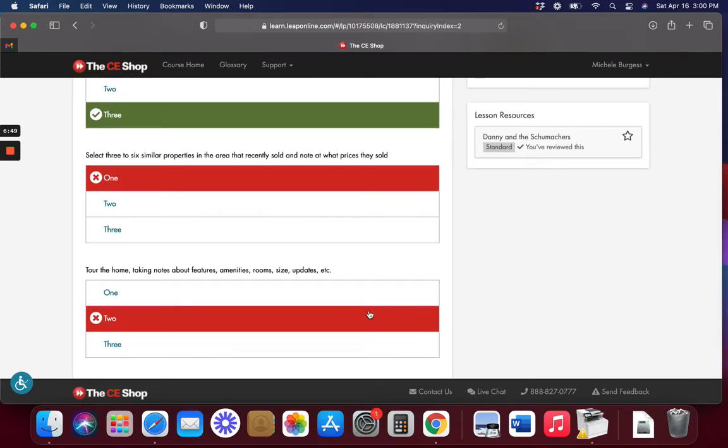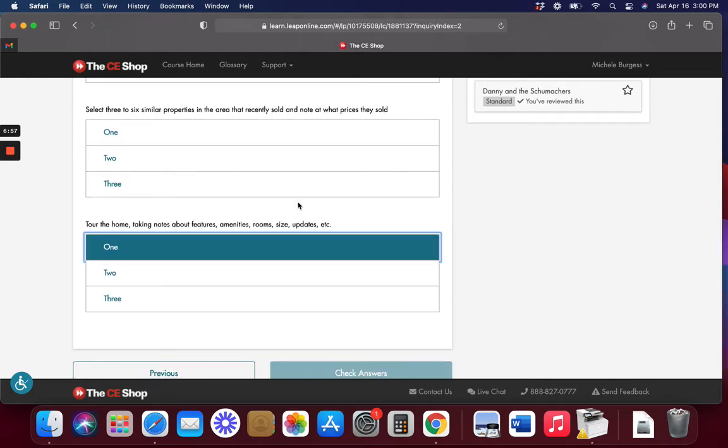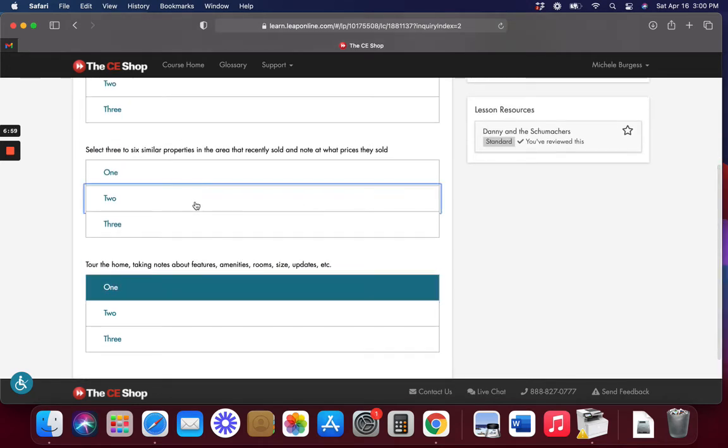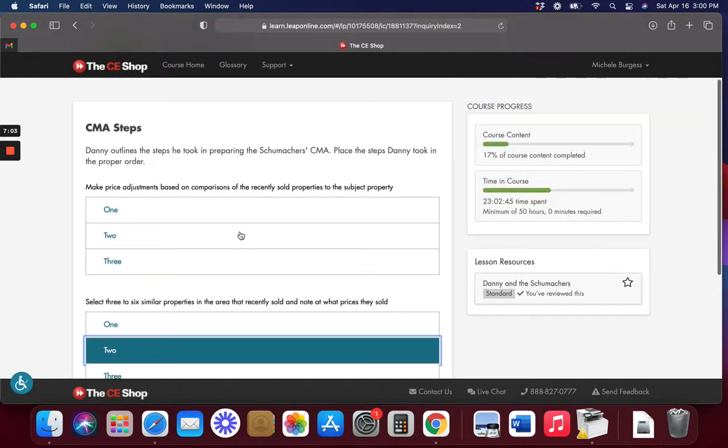Okay, so they're saying that you want to tour the home first. Okay, that's fine. And then you want to pick out 3 to 6 similar properties that recently sold. Now, recently could be 3 months. Recently could be 5 months. Now, if you got like 20 homes in 5 months, then you need to take it down to maybe 3 months.